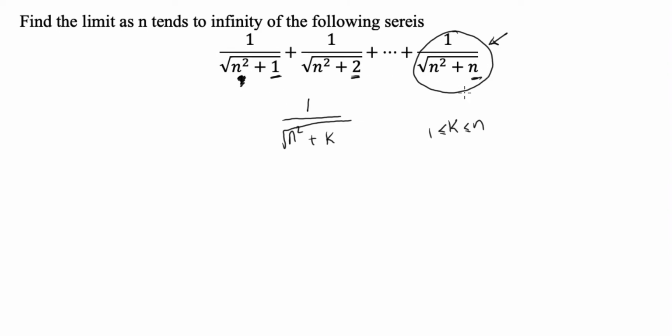And due to the fact that we know n is increasing as well, 1 over a big number is going to be a smaller number than 1 over a smaller number.